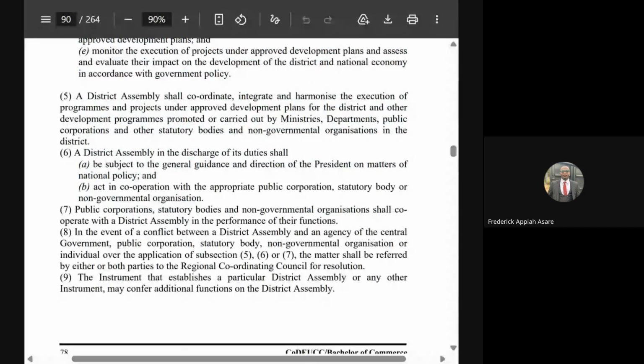The district assembly also shall coordinate, integrate, and harmonize the execution of programs and projects and the approved development plans for the district and other development programs promoted or carried out by the ministers, the departments, the public corporations, and other statutory bodies and non-governmental organizations in the district.